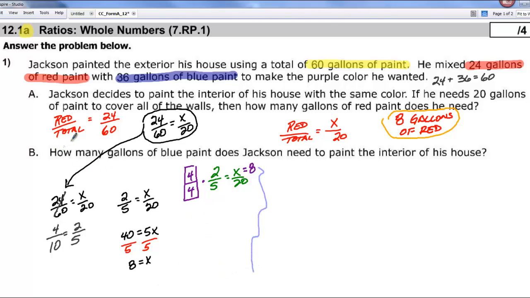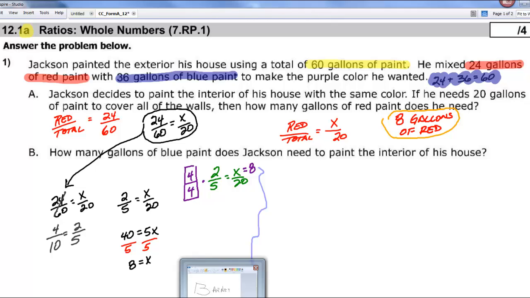So now for part B, how many gallons of blue paint does Jackson need? Well, remember when we said, come back up to this, remember we said all the paint is either red or blue?